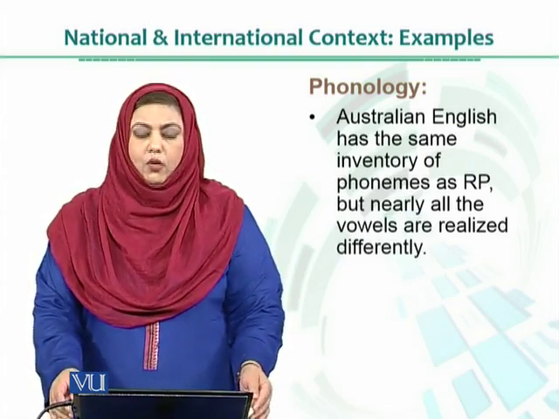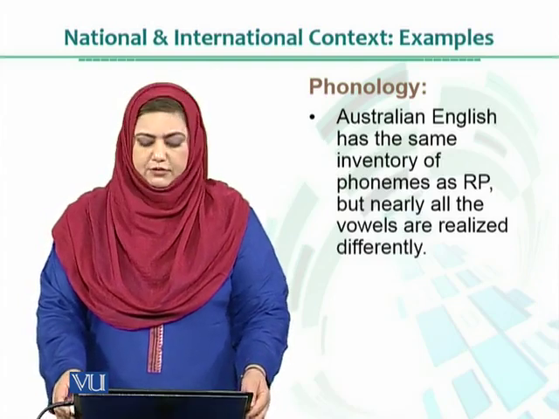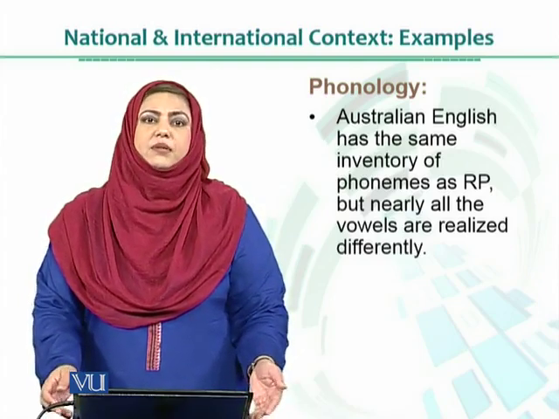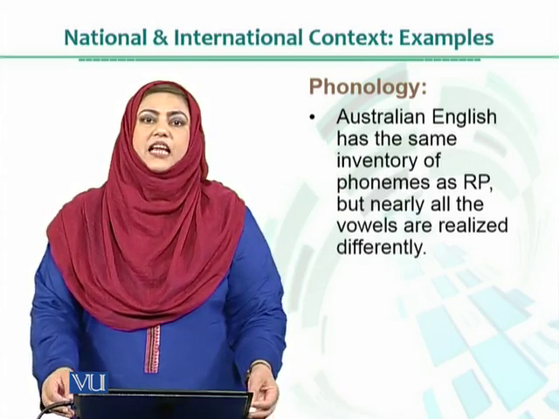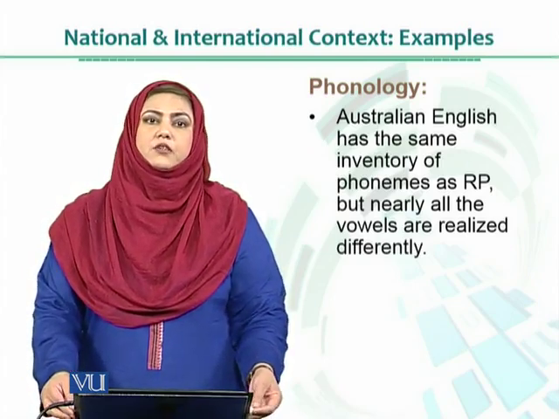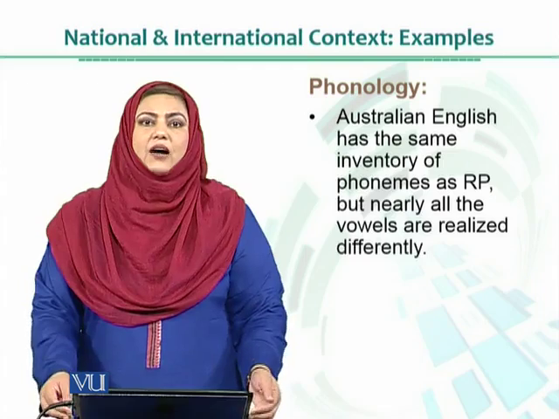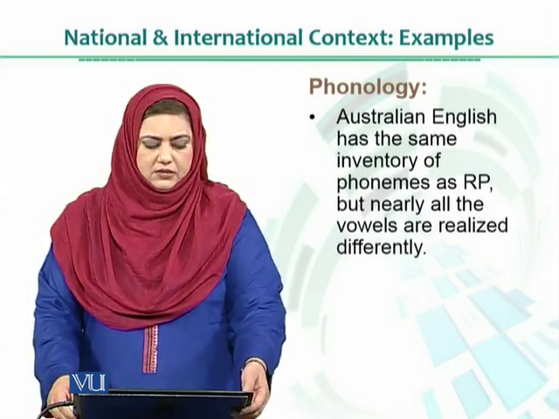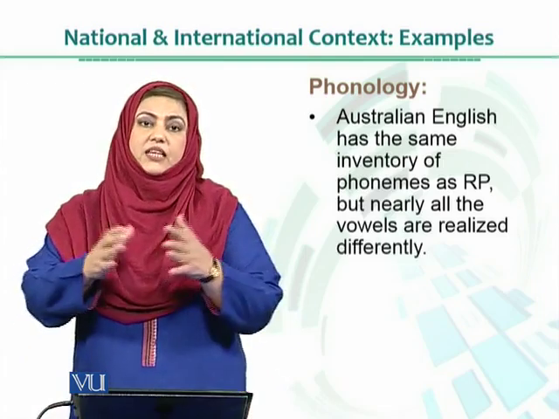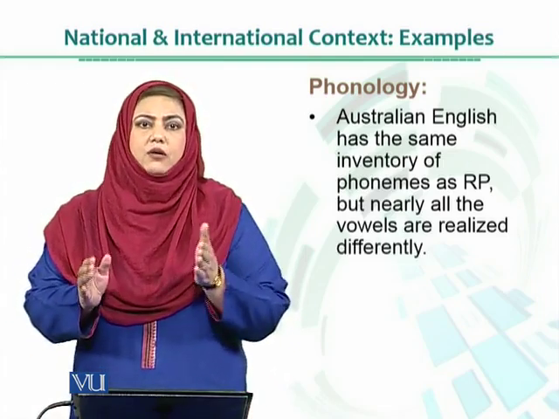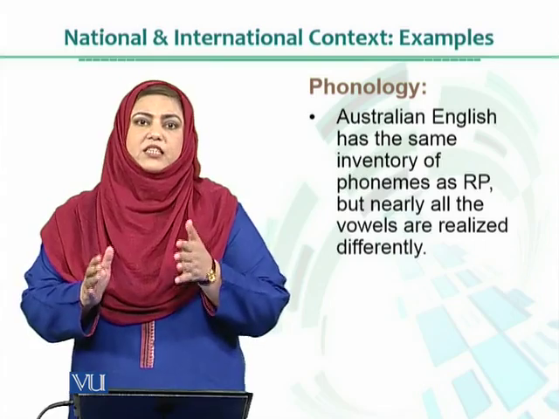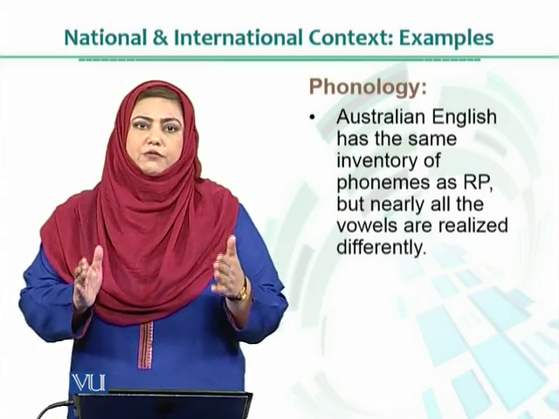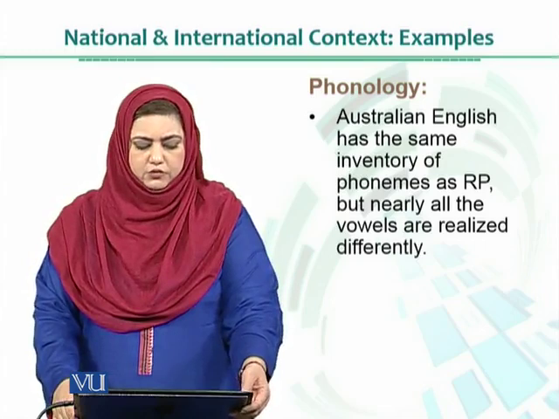But nearly all the vowels are realized differently. So, this can be a point of study for a synchronic linguist to see how these vowels are realized differently by the Australian speakers. Or even, within Australia, because again, it's a huge continent, whether there are possibilities of variation of this realization of these vowels.